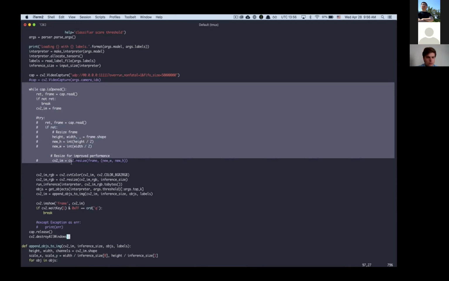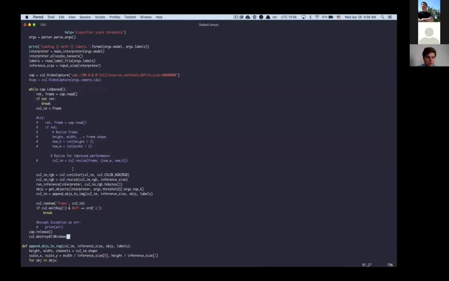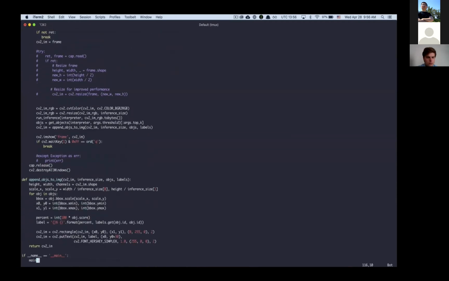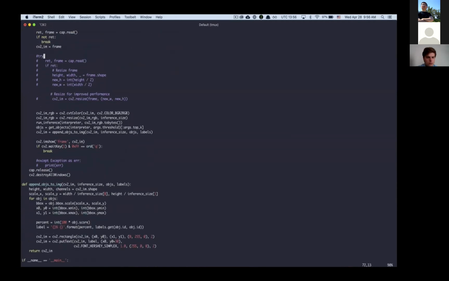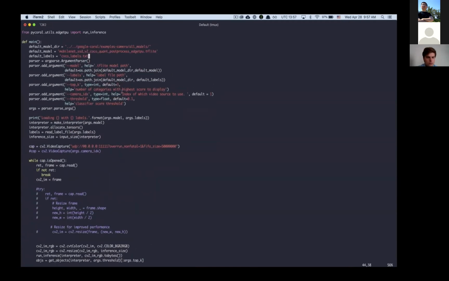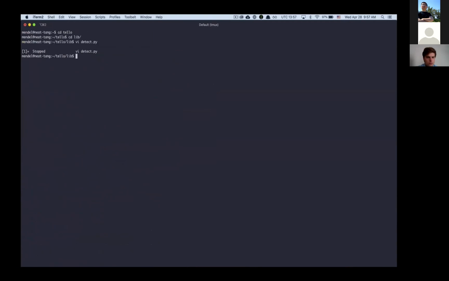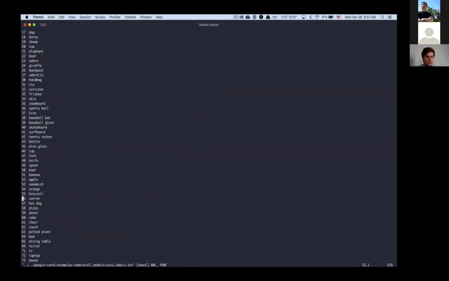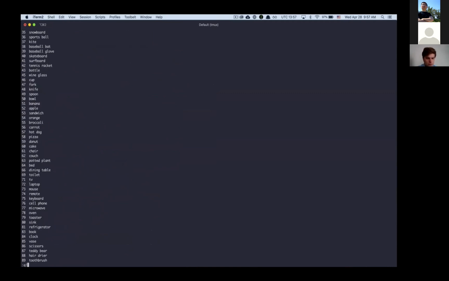Another challenge was sending the UDP signal to the TPU. For some reason it was very slow. The commented code, which I'm going to uncomment later, was to shrink the frames, trying to overcome some video delays. And here are the basic objects that come with MobileNet 89.